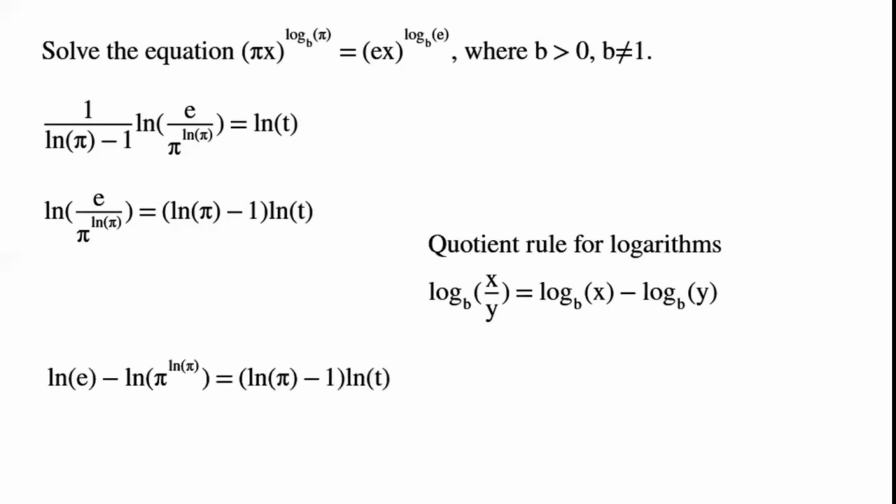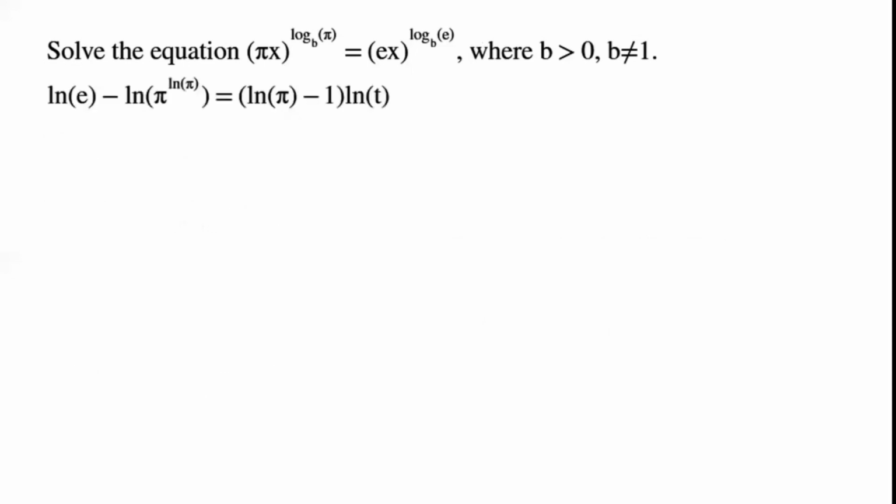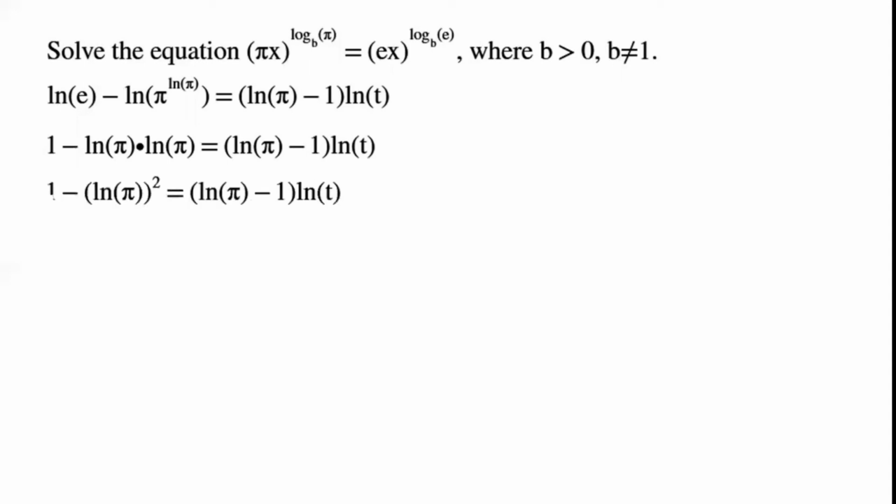So we can now write ln e minus ln π^(ln π) equals (ln π − 1) times ln t, so 1 minus ln π times ln π equals (ln π − 1) ln t. Ln π times ln π can be written as (ln π) squared.